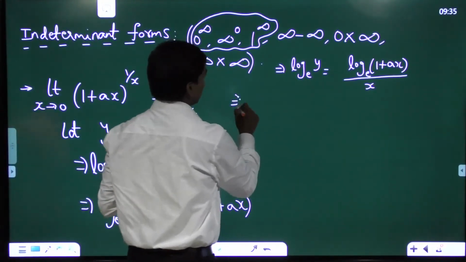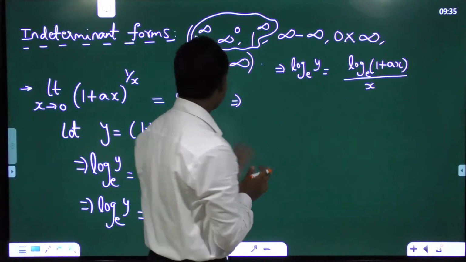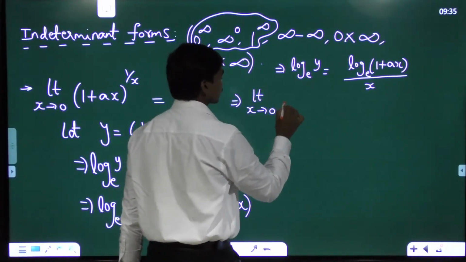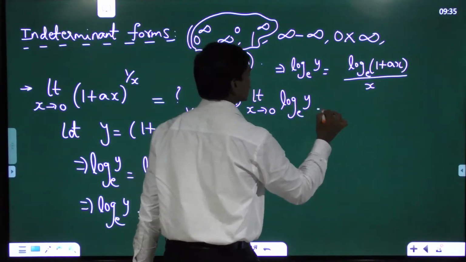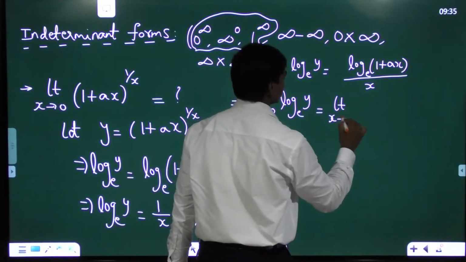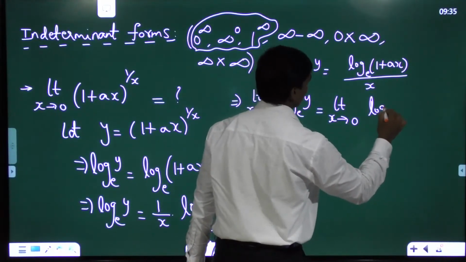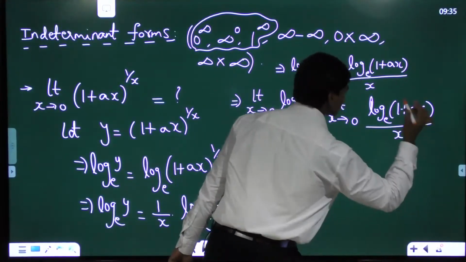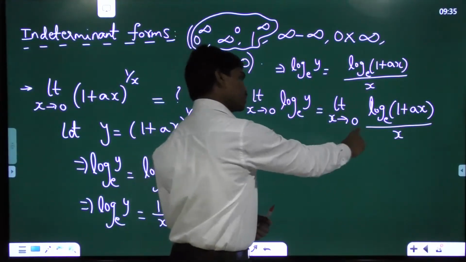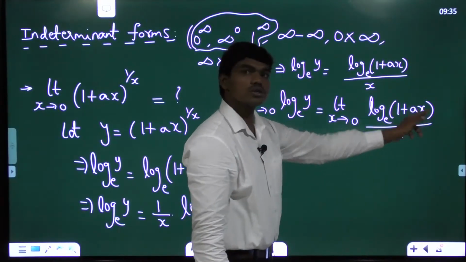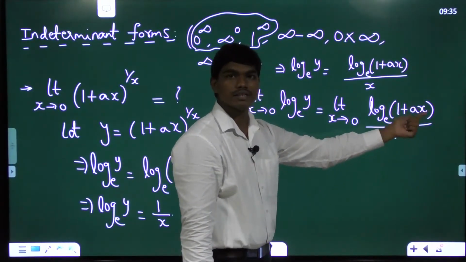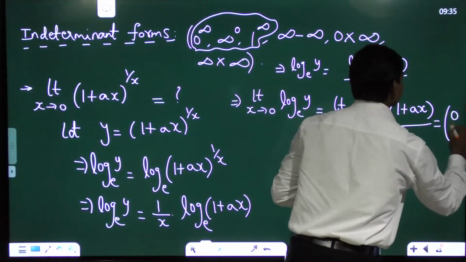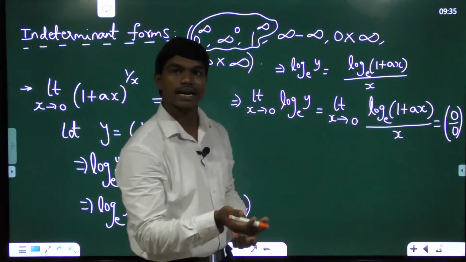So this implies, now if you apply limit on both sides, limit x tends to 0, which we are interested to find out, limit x tends to 0 log y to the base e is equal to limit x tends to 0 log of 1 + ax to the base e divided by x. Okay. Now if you substitute 0 here, this 1 plus 0, log 1, we know the value of log 1 is 0, we have discussed in yesterday's class, and if you put x is equal to 0 here, now we are getting this limit as 0 by 0, for which we could apply our standard L'Hospital rule.